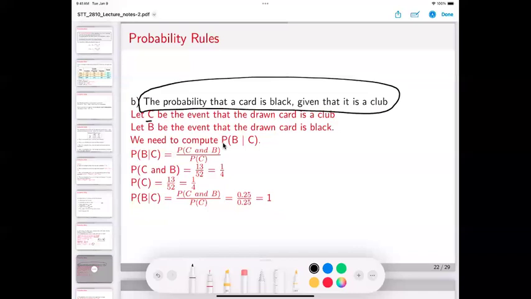Let B be the event that the card drawn is black. So we are looking at the probability that the card drawn is black, given it is club. Do we see that? It's very important. If you make a mistake with this, then the rest would be incorrect. Does that make sense?